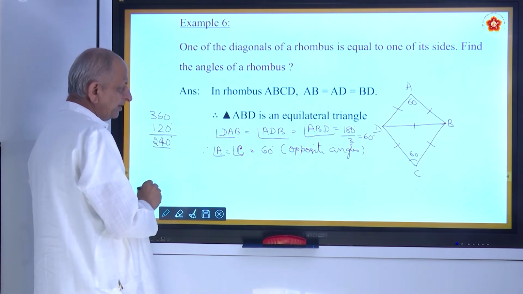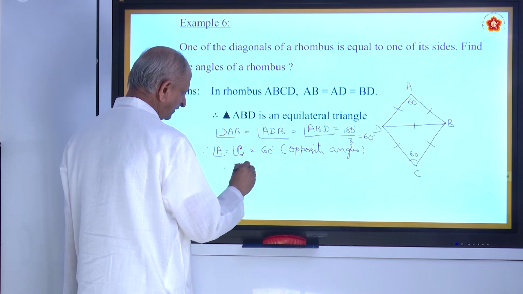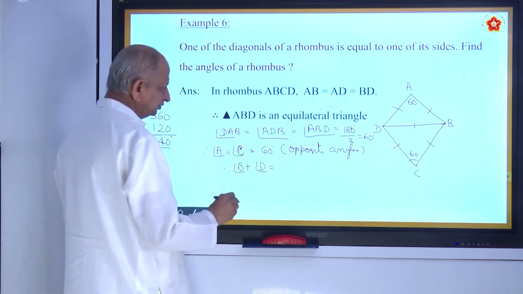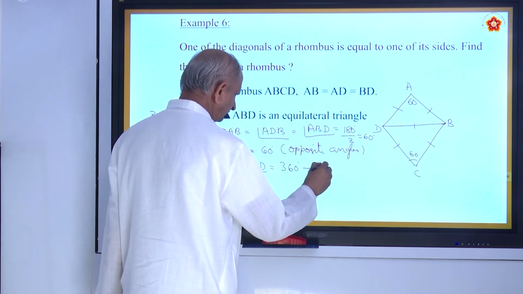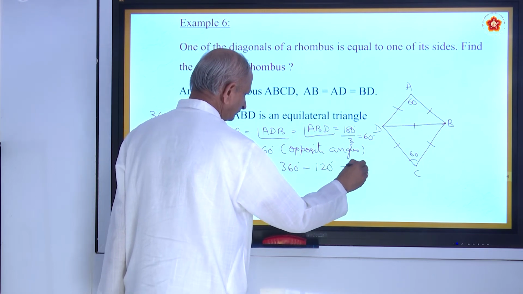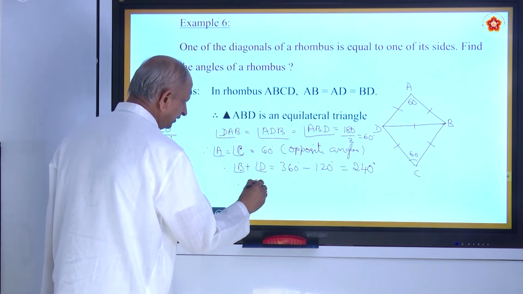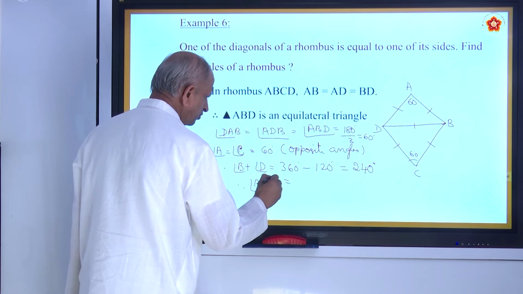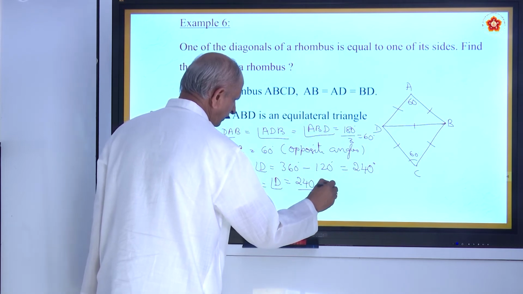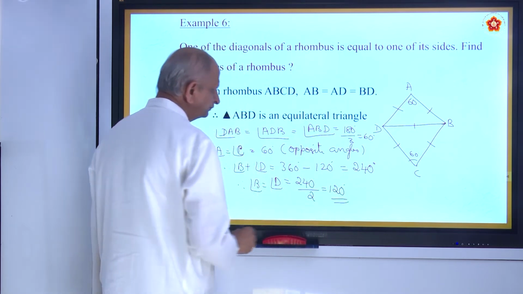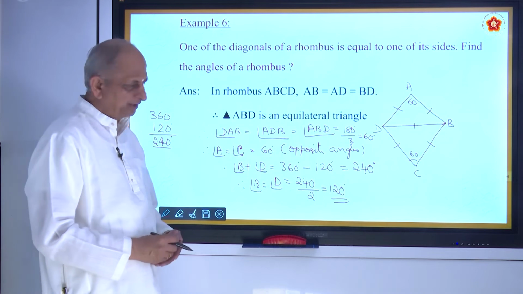That is sum of B plus D. Therefore angle B plus angle D is equal to 360 minus 120, that is 240. And therefore opposite angles are equal. Angle B is equal to angle D is equal to 240 by 2 is equal to 120 degrees. That's all. Okay. Shall we move on to next sum?